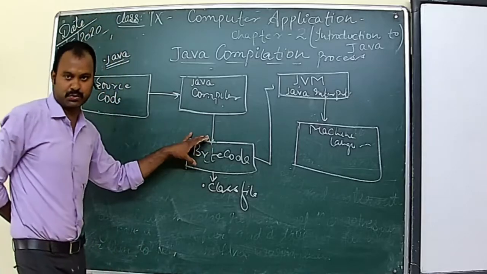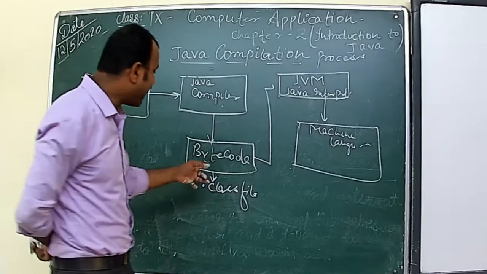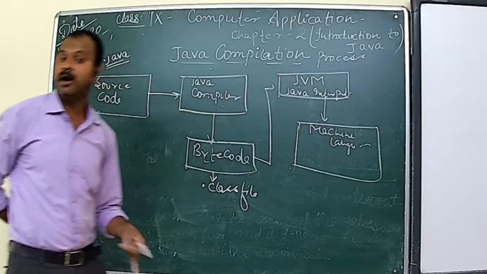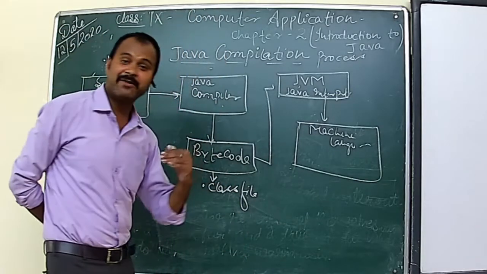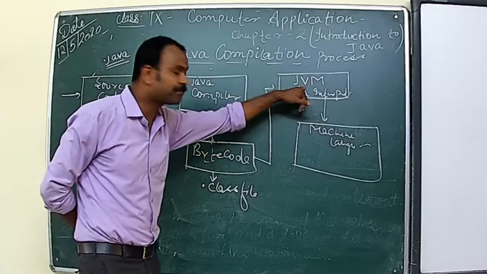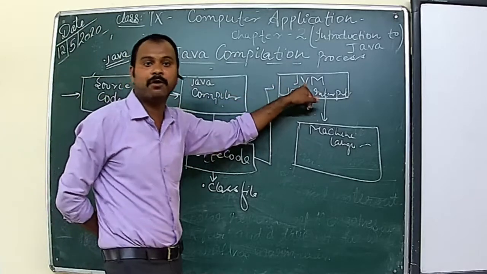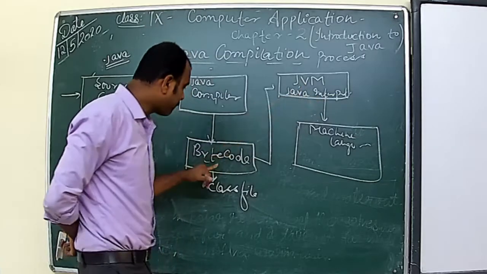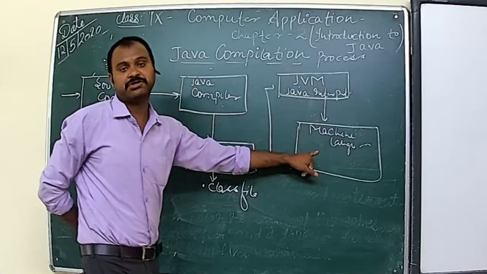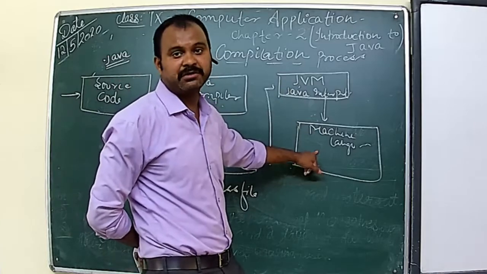No need to change the code; other platforms need only the JVM, Java Virtual Machine, for that specific platform, and this JVM is responsible for converting bytecode into the underlying machine code.